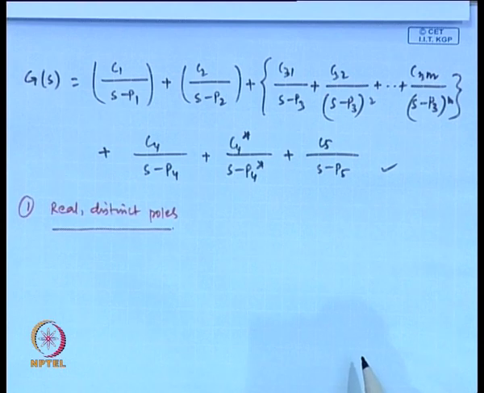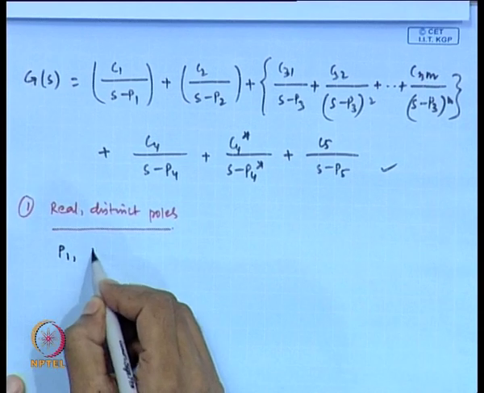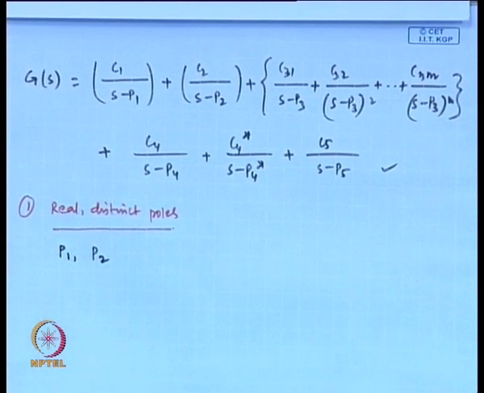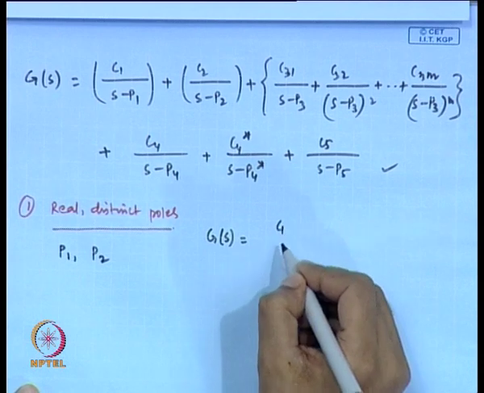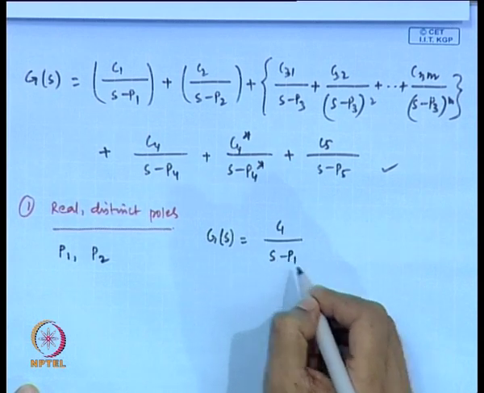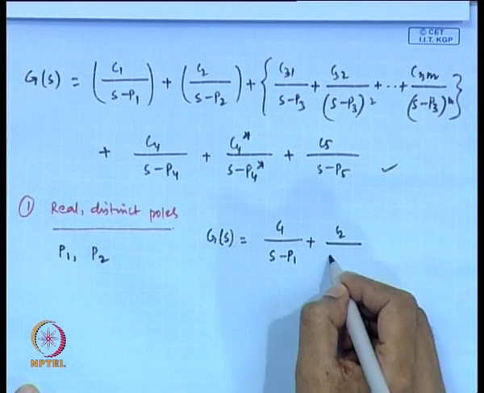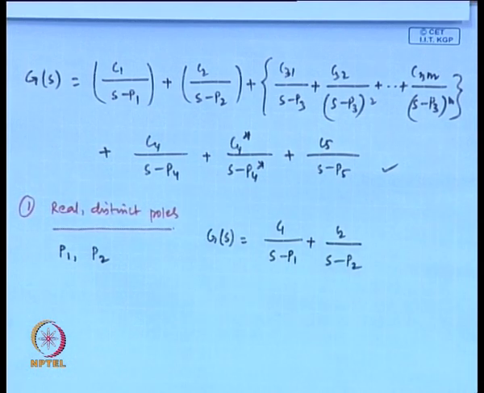In this case we will consider just two poles, both real and both distinct. Those two poles are P1 and P2. So, the general form of the transfer function reduces to G(s) equals C1 by (s minus P1) plus C2 by (s minus P2).